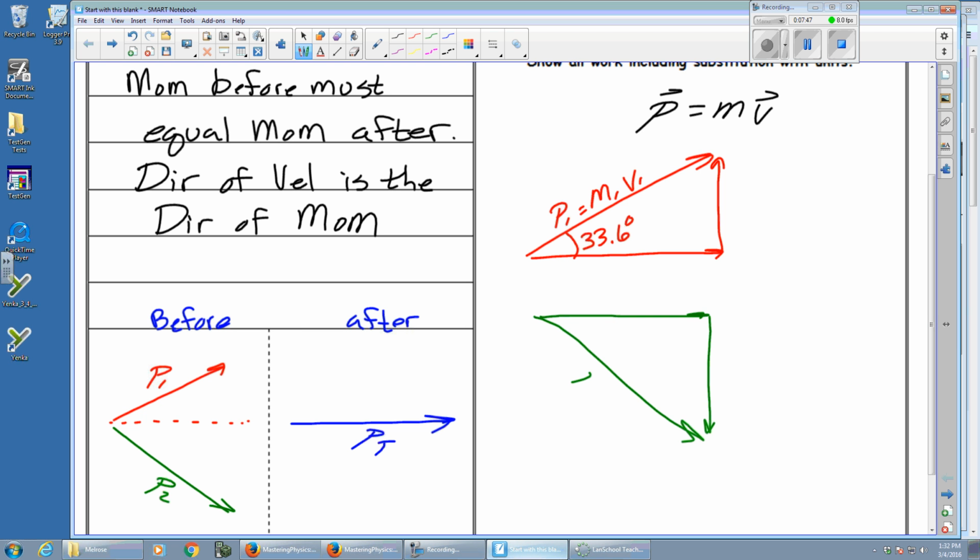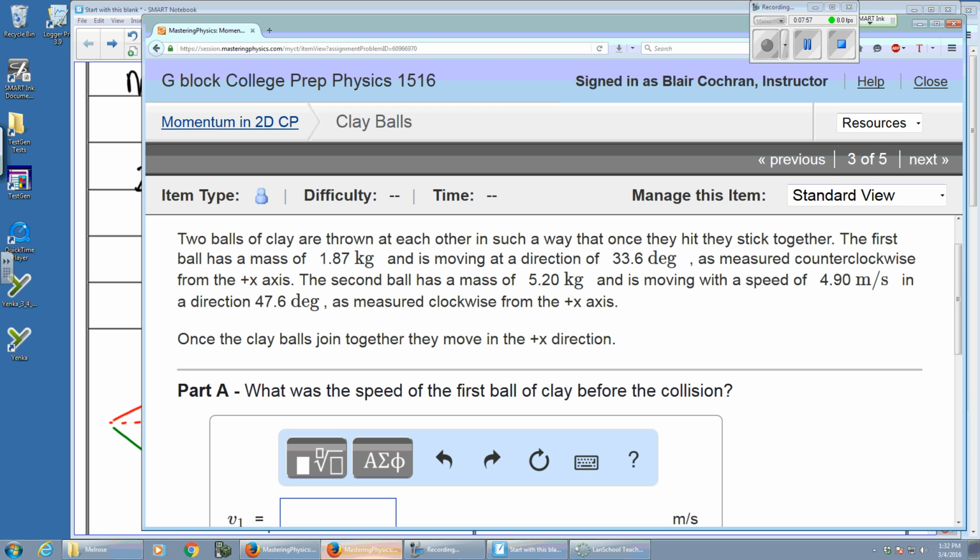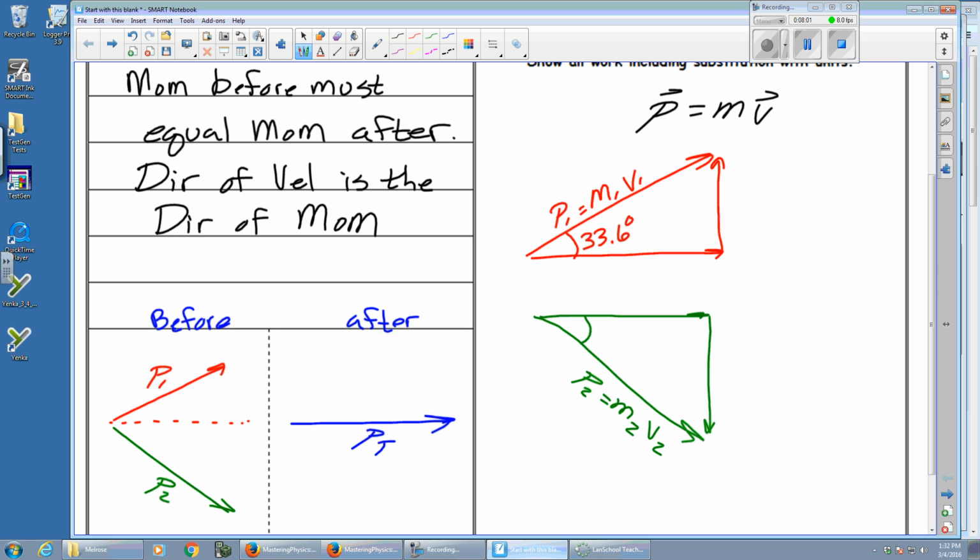And so the hypotenuse is the momentum of number 2, which is mass 2 and speed 2. And this angle, was that 40 something? 47.6 degrees? And this component faces this way, and this one this.